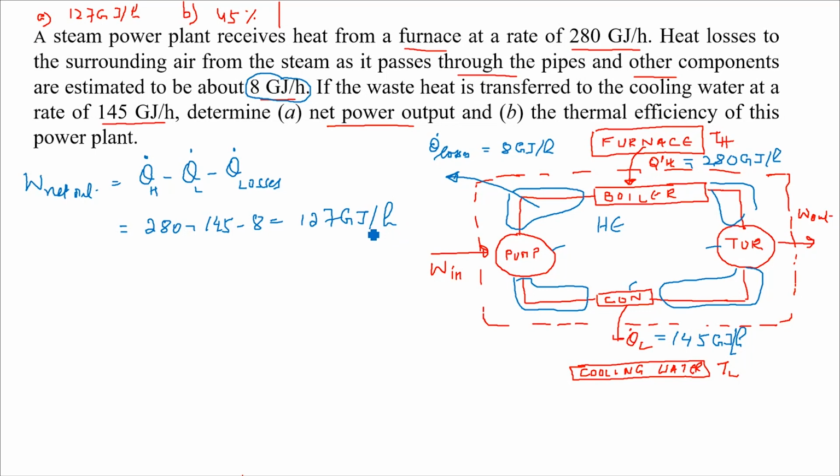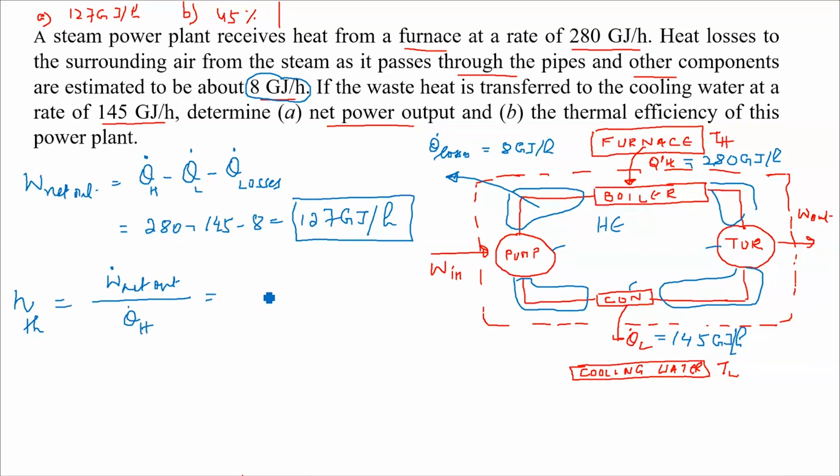Is it so? Yes, sir. All right. So this becomes your net power output. The second part is you have to determine the thermal efficiency of this power plant. If you remember the formula for the thermal efficiency of a power plant, it is the net power output, work net out, divided by Q dot H, what is coming into the system.